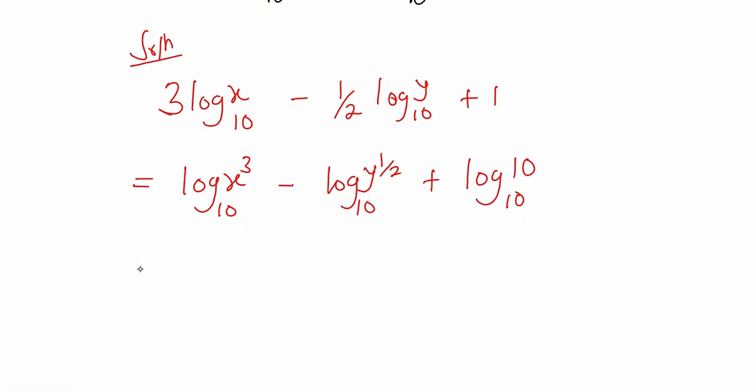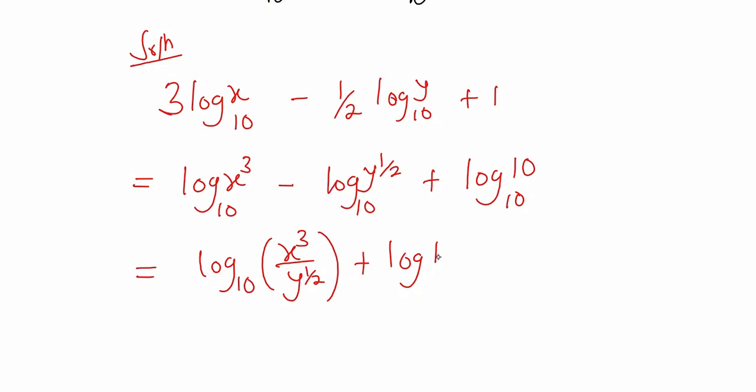Now, at this point, we can write this as a single logarithm by considering the first 2 terms. We can see that the logarithms are being subtracted. So, writing it as a single logarithm, we divide the argument. So, we have x cubed divided by y exponent half, plus logarithm of 10 to the base 10.